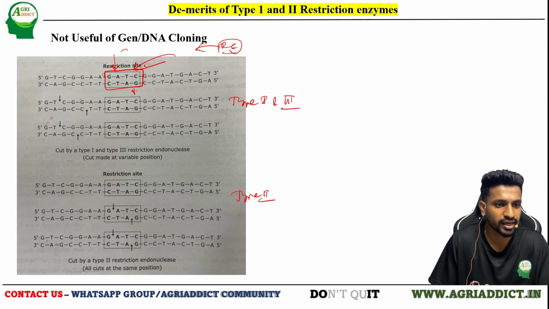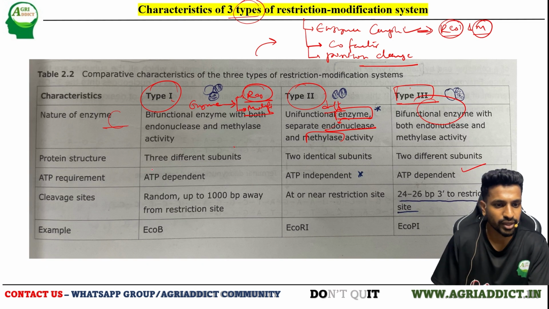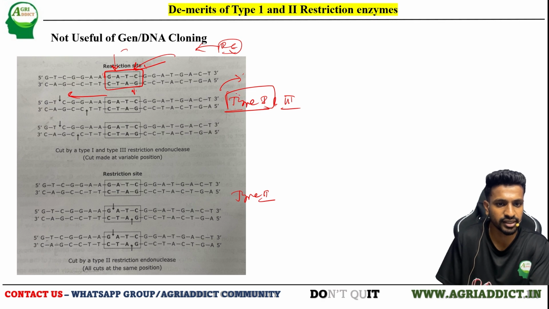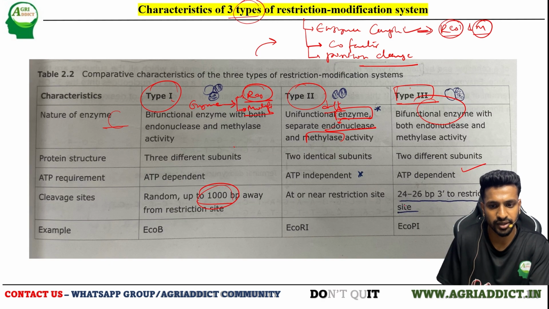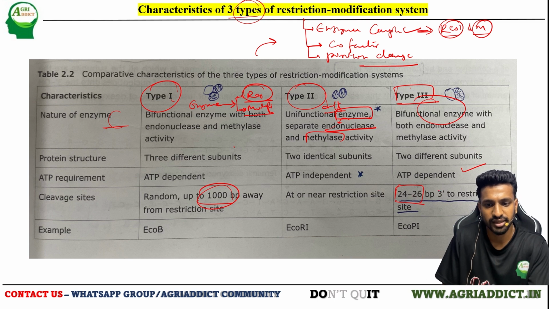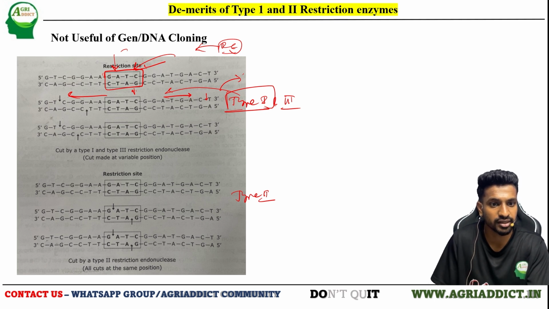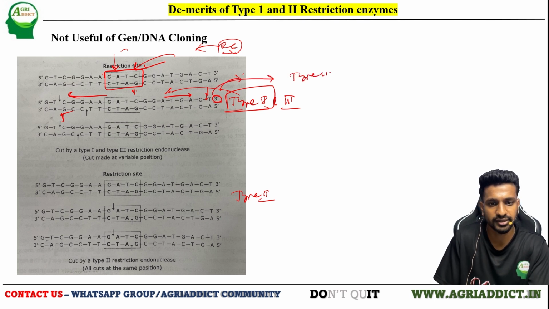It will provide the cut very far away from the recognition site. In case of type 1, it will create the cuts up to 1000 base pairs away. And in the type 3, it will create the cuts 24 to 26 base pairs 3' to the restriction site. This is where the type 3 will make the cuts.